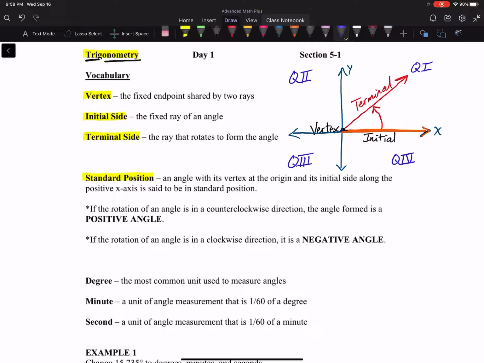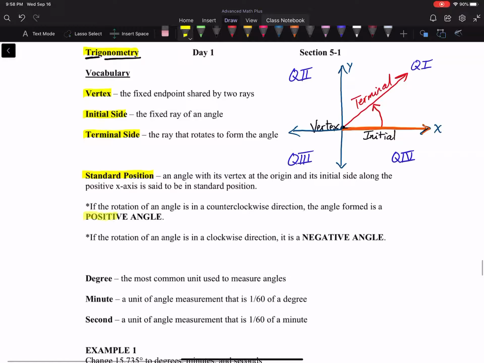When the initial side is the positive x-axis, then that angle is said to be in standard position. When it is rotated counterclockwise, a positive angle is formed. So in our case, it went counterclockwise up.